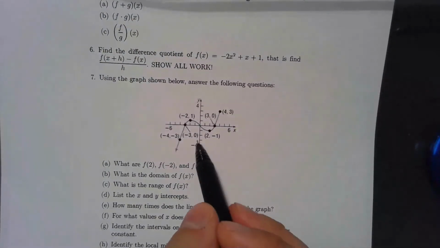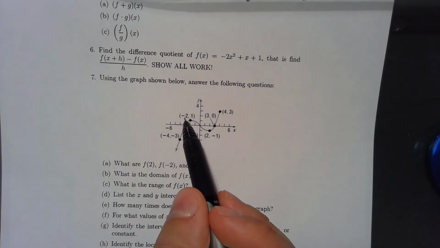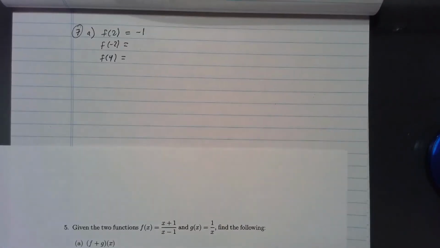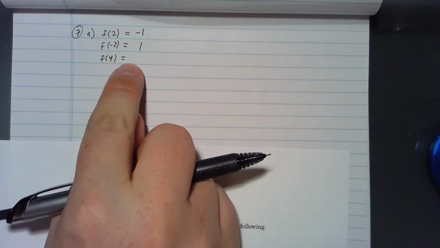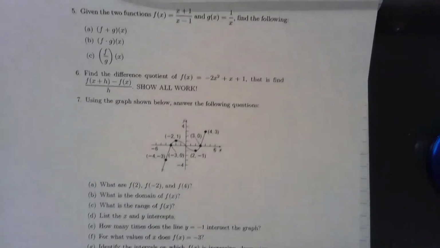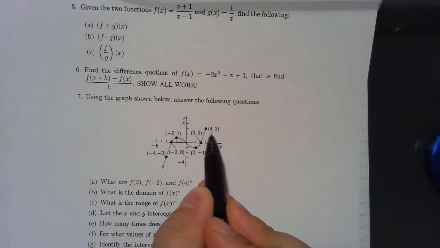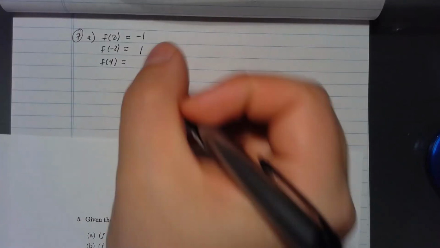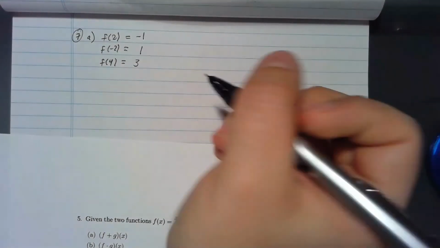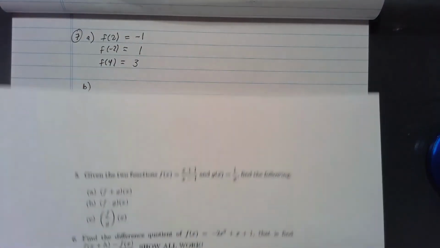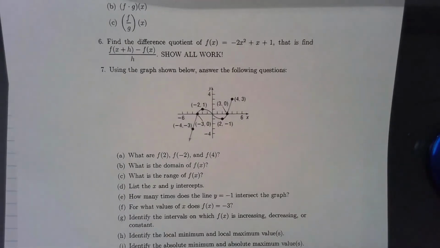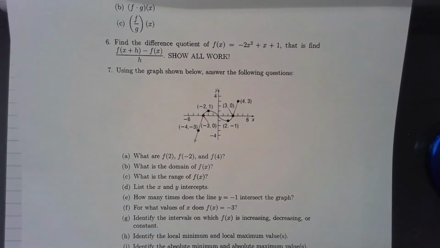So negative 2 is the input, which is the x-coordinate. The output is 1. That's what the function is. 4 is the x-coordinate. That's the input. The output is the y-coordinate, which is f of 4. So 4, the y-coordinate is 3. That was it. No problem to it. So we're just going to keep referring to that graph for the rest of this problem.